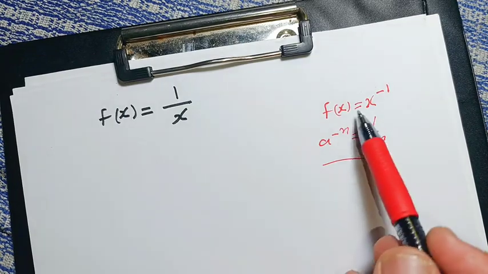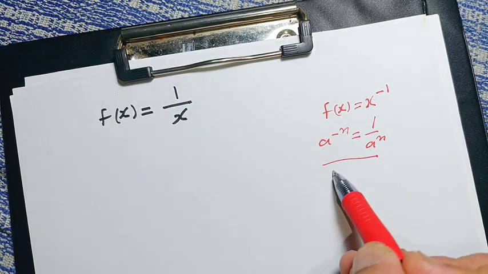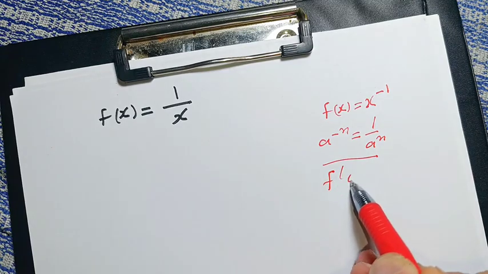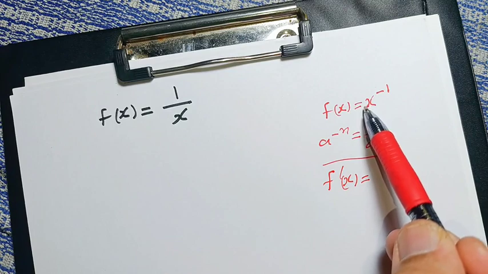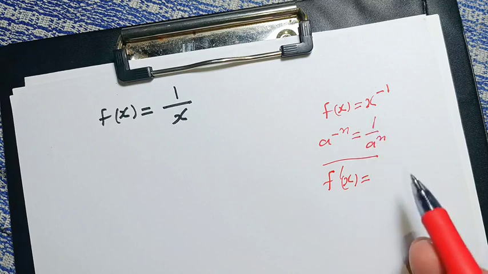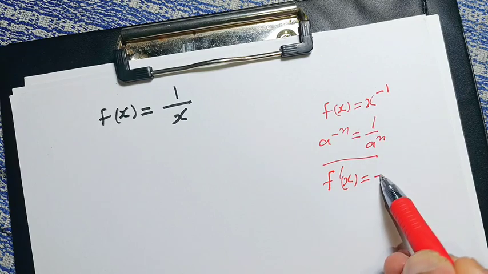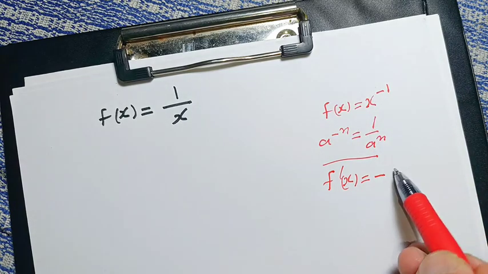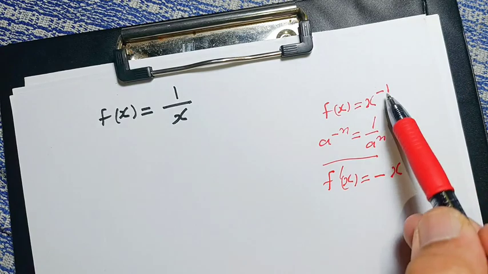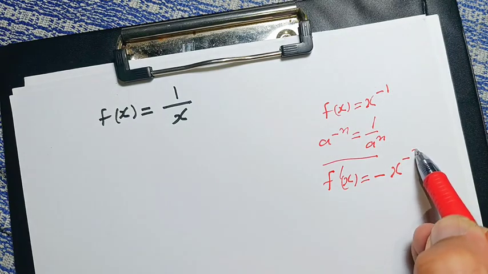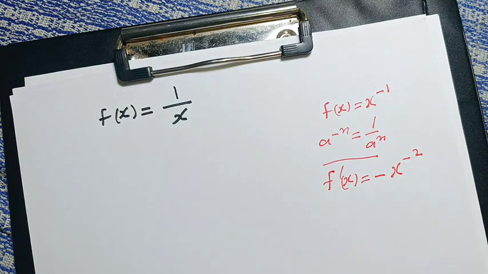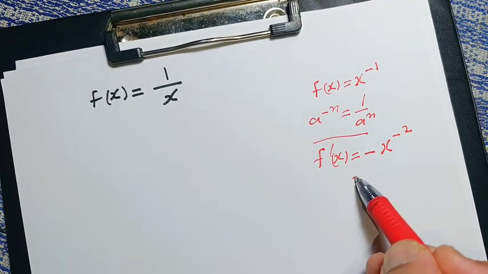Now we're going to apply the first derivative here. So for the first derivative, I use the power rule. Negative 1 times the coefficient, which is 1, so the positive 1 becomes negative. So it's going to be negative, and for the x, negative 1 minus 1 becomes negative 2, and I have to write it again in fraction form.